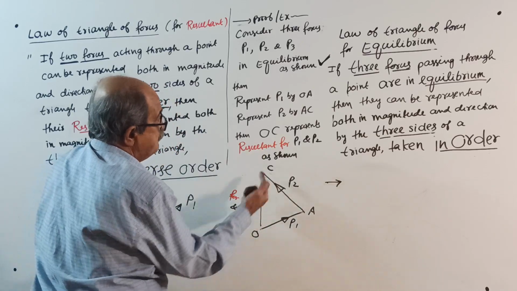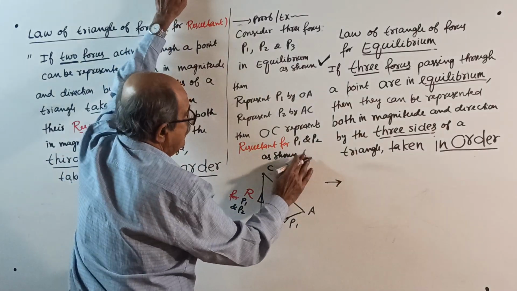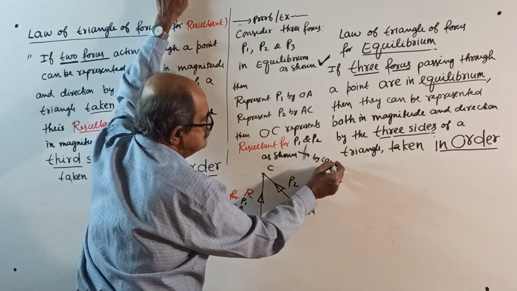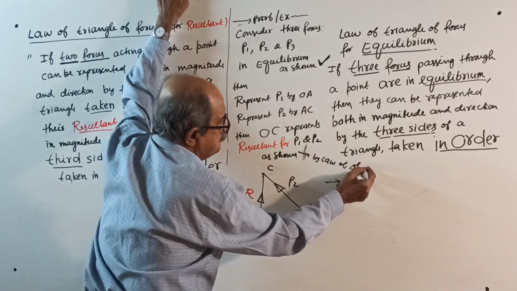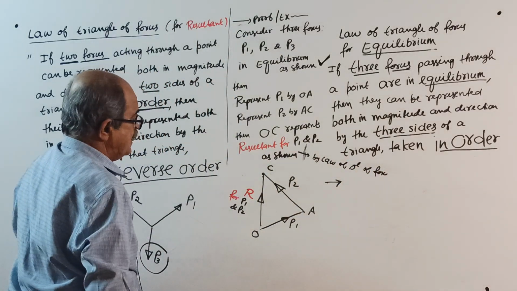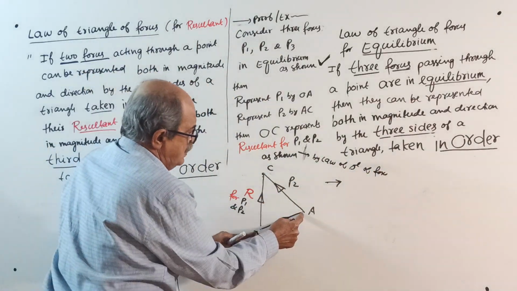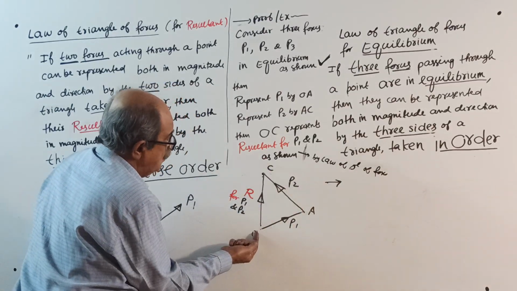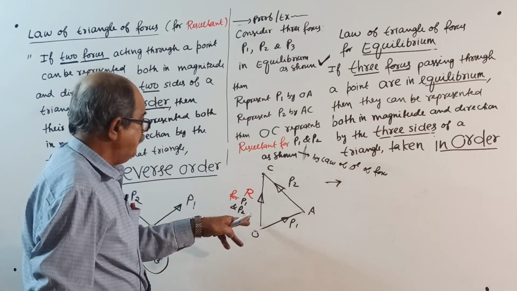OC represents the resultant. How? As shown, by the law of triangle of forces. Now, very important statement: OA in order, AC in the same order, and OC in reverse order represents the resultant for P1 and P2.